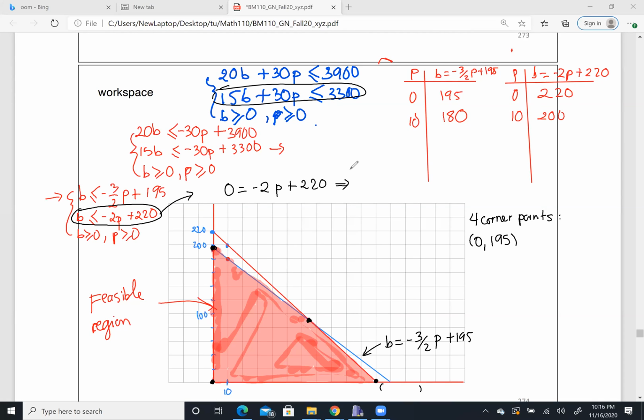Let's solve the equation, right? Then p will be equal to negative 220 divided by negative 2, which equals 110.